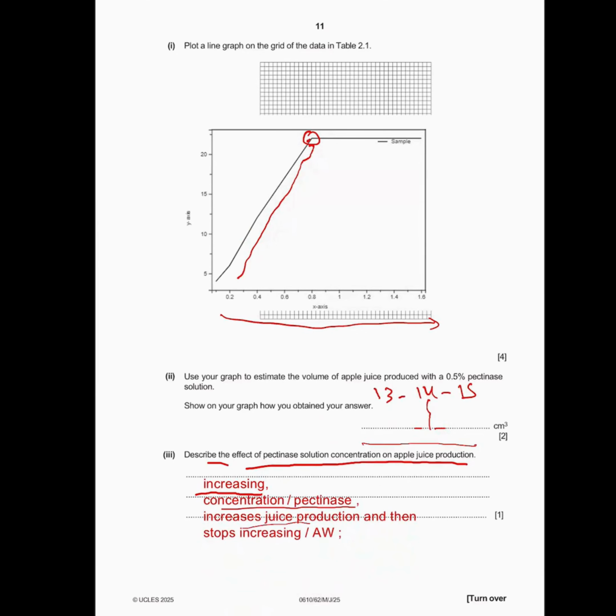Increasing concentration of pectinase enzyme increased the production of the juice. Then became what? Constant or stopped increasing. Okay?